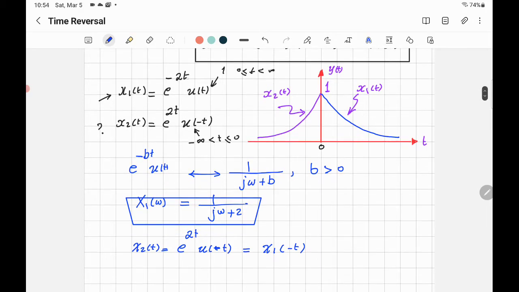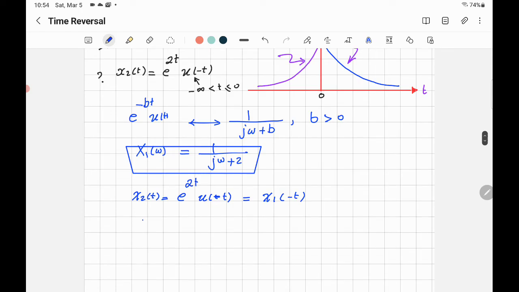So I will just go ahead and apply the time reversal property by taking the conjugate of this one. It means I only flip the sign of the imaginary part, so it would be 1 over minus j omega plus 2. That would be X2 of omega.